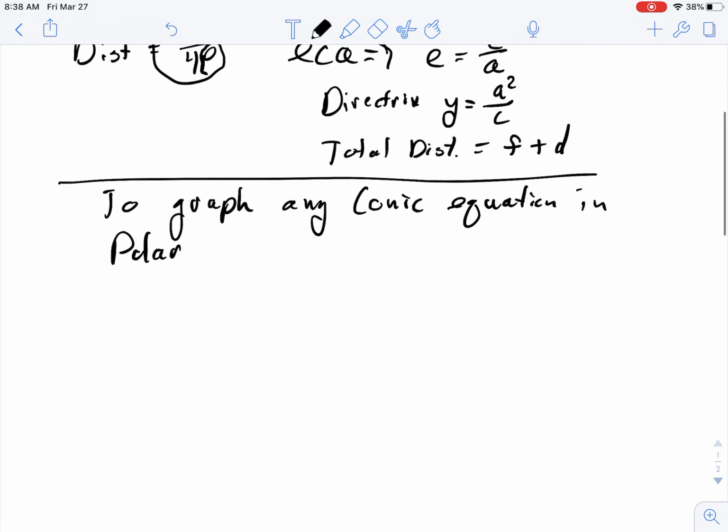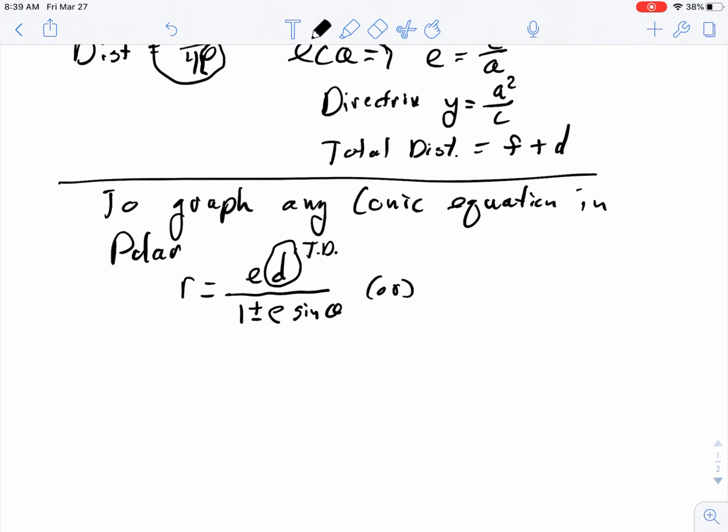The equation is this: R equals ED, or your eccentricity times D, which is your total distance, divided by 1 plus or minus E, your eccentricity, sine of theta, or if you want to go around using a different trig function, ED, eccentricity times your distance, over 1 plus or minus E cosine of theta.